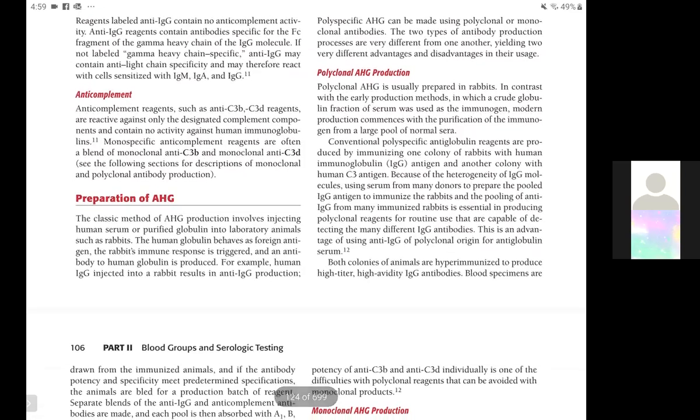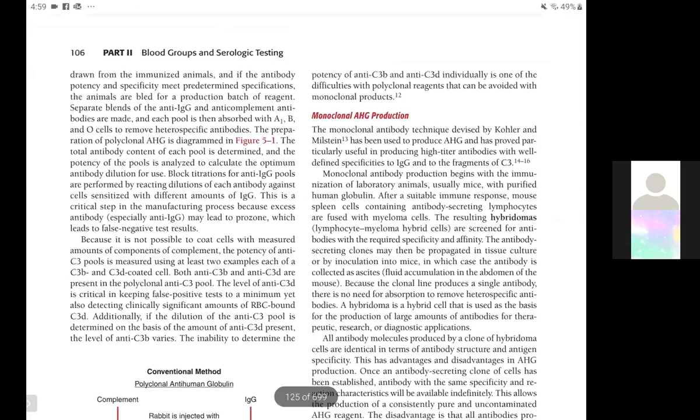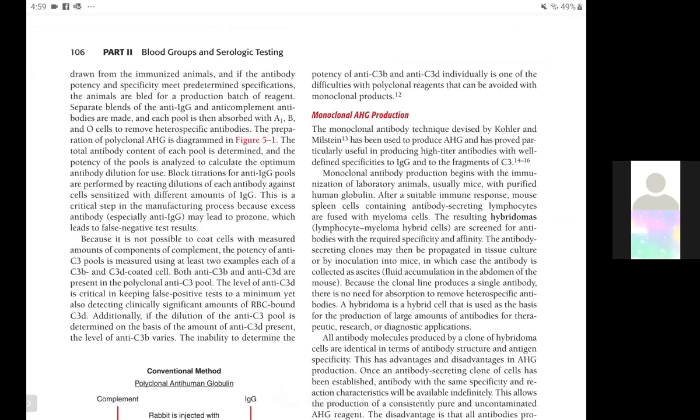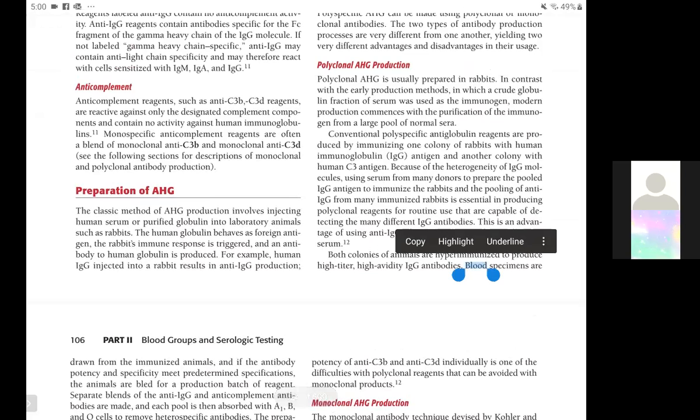The polyclonal AHG is derived from laboratory animals by immunizing one colony of rabbits with human immunoglobulin antigen, and another colony with human C3 antigen.